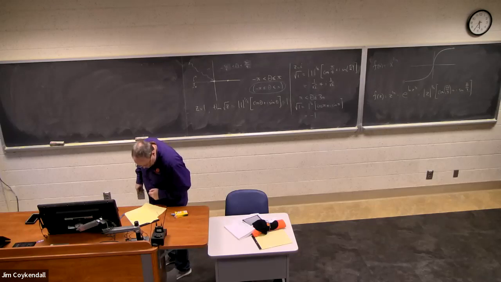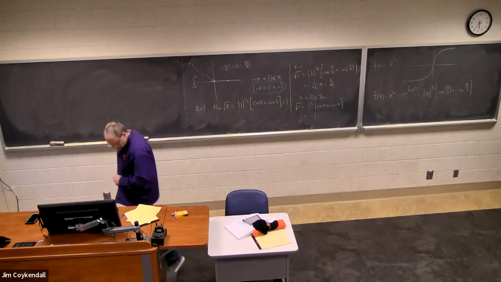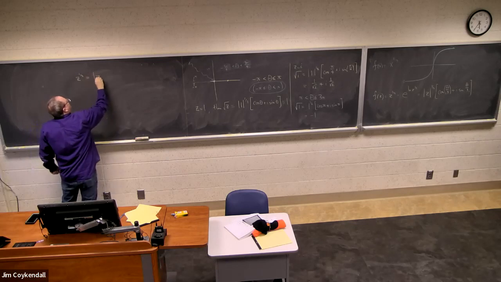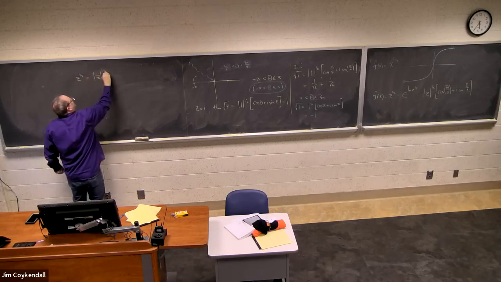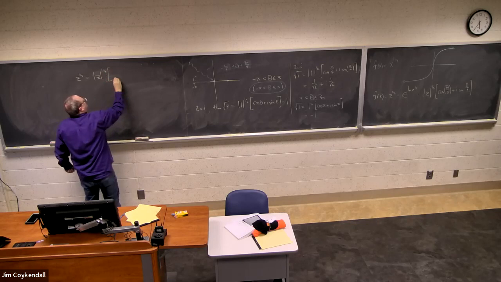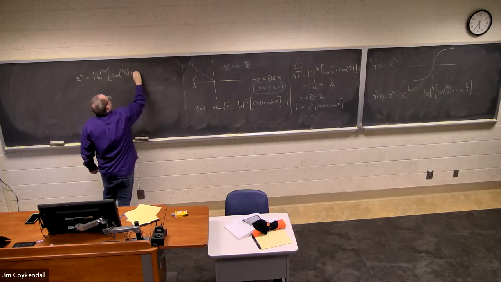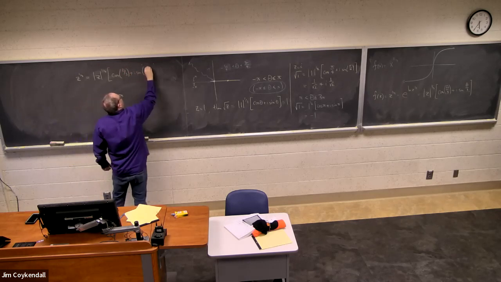So, magnitude of z to the 1/3 power, cosine theta over 3 plus i sine theta over 3.